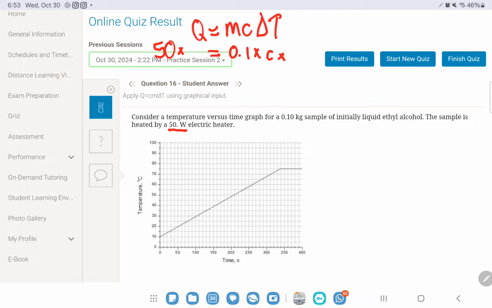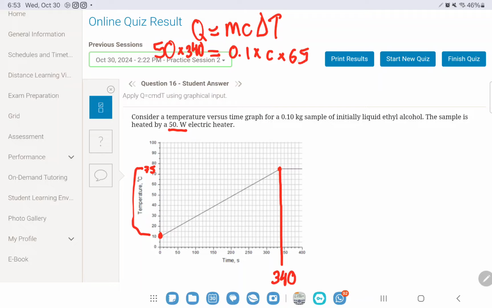So we know it's going to take you to your boiling point. It's going to be here, which is 340 seconds. So that's our time. And since this is our boiling point, which is 75, and this is our starting point, 10, we subtract them to get delta T. 75 minus 10 is 65.